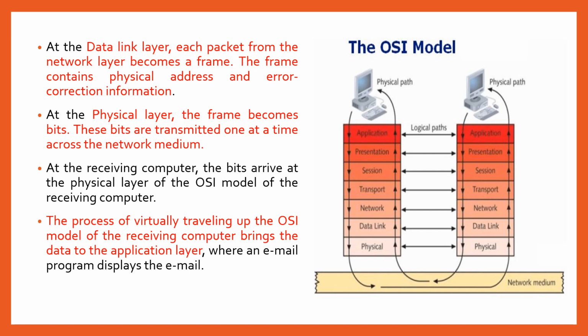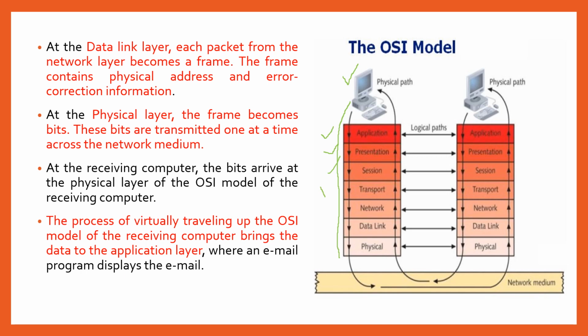Whenever this particular frame is converted into the form of bits, these bits are ready to be transmitted onto the network media. And here, if you look at the diagram, you can see how the data is flowing. So this is the device that the user is using. He is sending a mail, and the data is flowing down from the topmost layer to the bottommost layer, where in application it is called data, in presentation it is data, in session it is data.